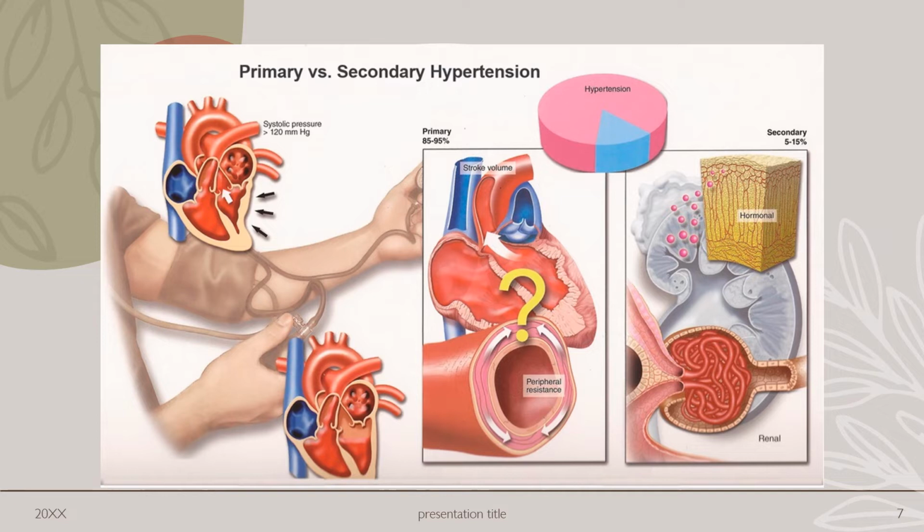And about 10% of hypertension is secondary to some identifiable cause, which could include the use of steroids, some renal vascular disease, pregnancy-related, renal parenchymal disease, pheochromocytoma, your Cushing's syndrome, if you have a coarctation of the aorta, or even primary hyperaldosteronism, to name a few.